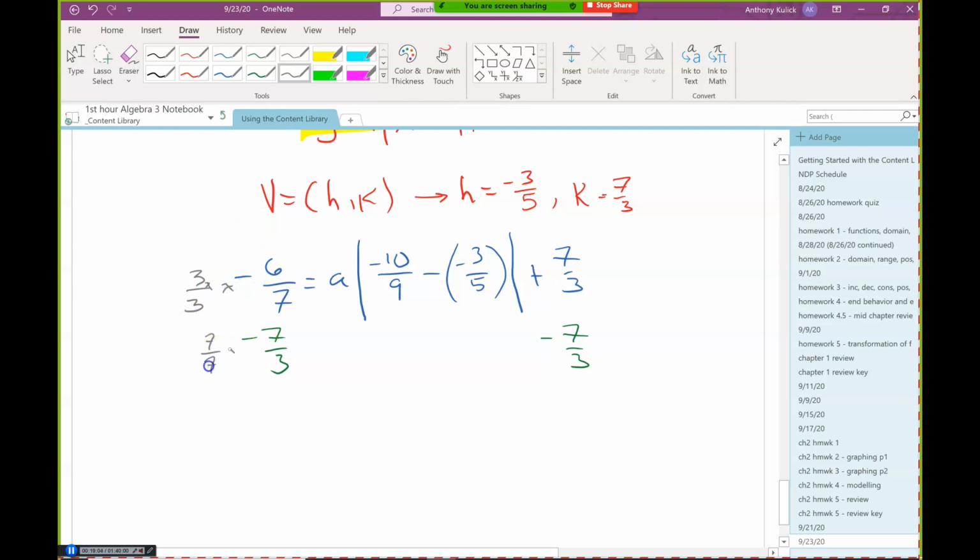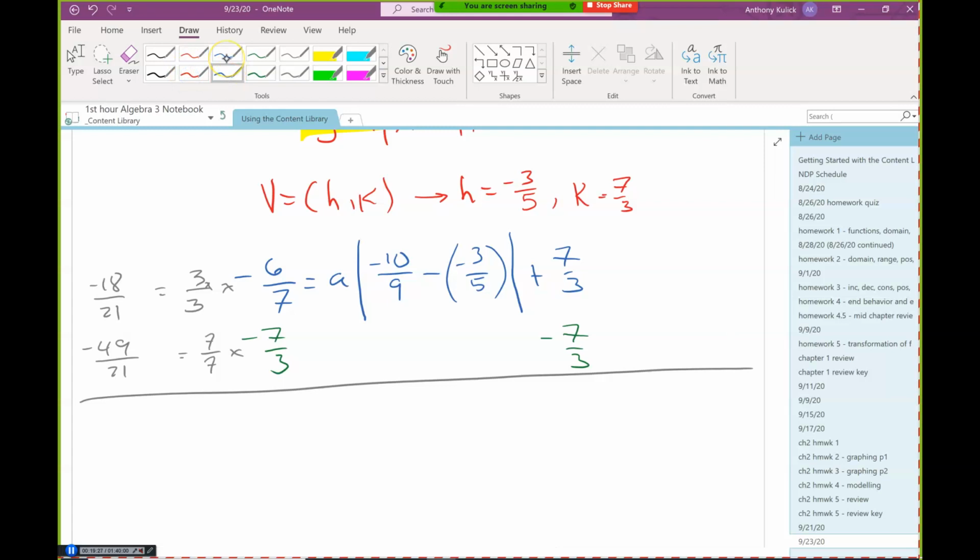And then we'll multiply negative 7/3 by 7/7, because the resulting fractions will have the same denominator of 21. Okay with that, Megan? So when I subtract two fractions, I just subtract the numerators. So negative 18 minus 49 is negative 67.